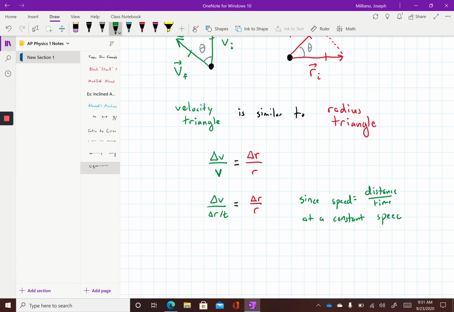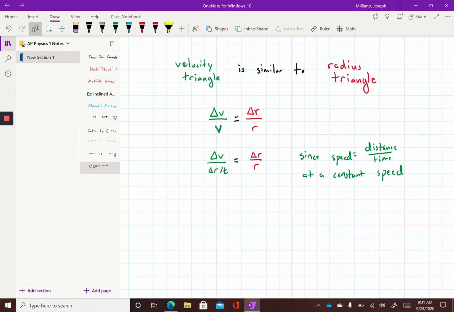Remember that equation doesn't apply if we're getting faster or slower, but we are not getting faster or slower here. Rearranging a little bit, what we're left with is, oh no, I messed this up. Dang it, I'm going to back up a little bit. What I said is true, but it doesn't get me where I want to go.